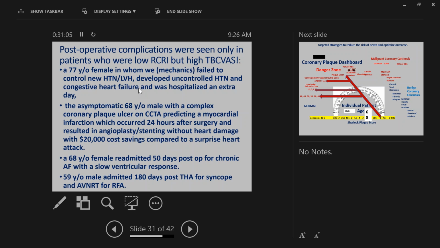The usual cost is about $40,000 because it's a surprise and patient doesn't get treated at the right time and gets rescued, and there's some panic, and the patient winds up in the hospital for several days and doubles the cost. And then a 68-year-old lady who was readmitted 50 days post-op for chronic atrial fibrillation with a slow ventricular response. We don't consider this our fault, but Medicare dings us for it.